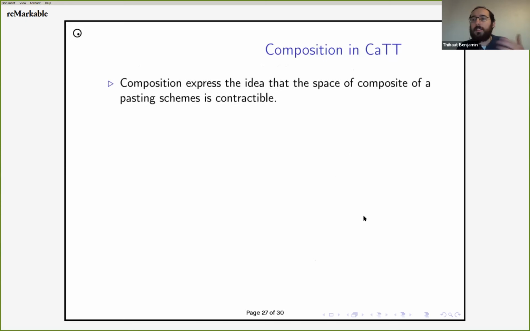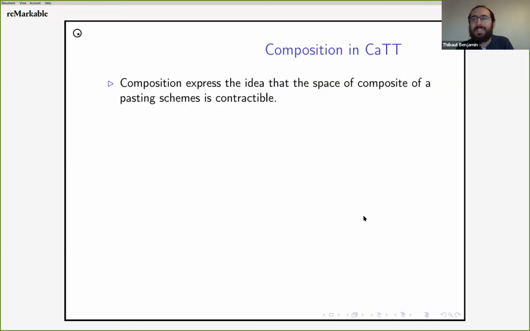But first, I just need to briefly explain to you how we get the rules for CaTT. I won't detail the rules because they are quite complicated to state, but intuitively they make a lot of sense. So I'll just give you an intuitive sense of what they do, and I'll illustrate with some real derivations. So the rules for composition and axioms express the idea that the space of all composites of a pasting scheme should be contractible.